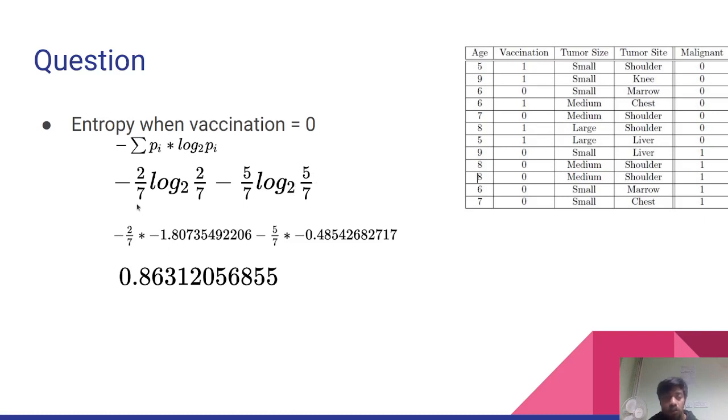If we calculate log base 2 of 2 by 7, it is this one, and log base 2 of 5 by 7 is this one. Minus minus gives plus, and this also gives plus. If we just add them, it will be like this, 0.863120. Basically it is the same as when vaccination equals 1.